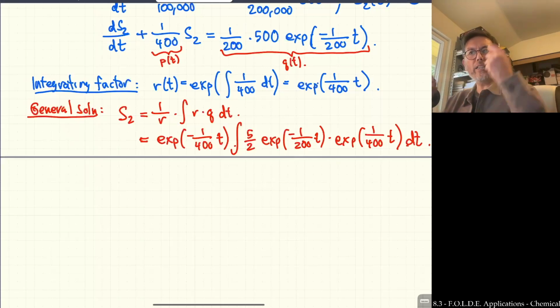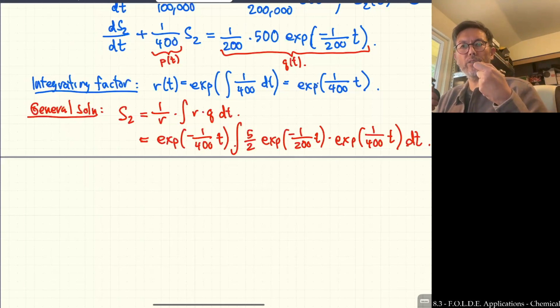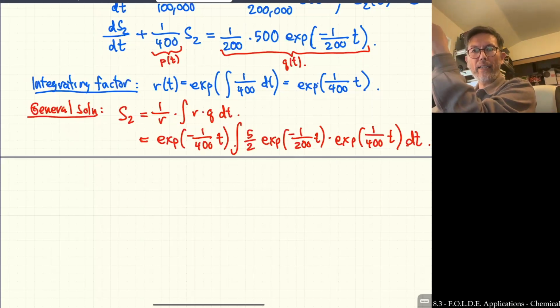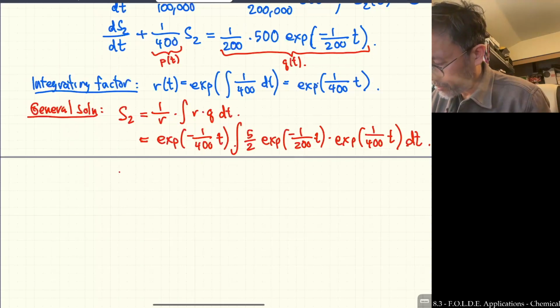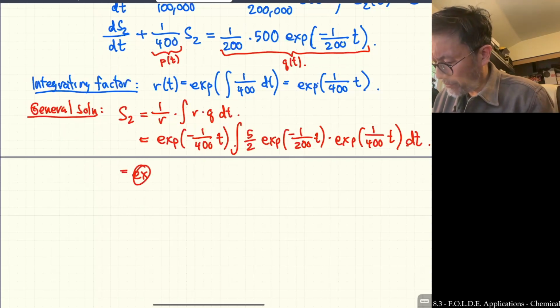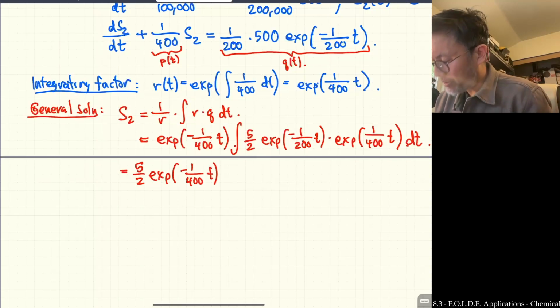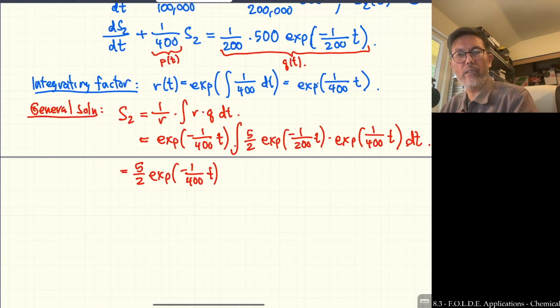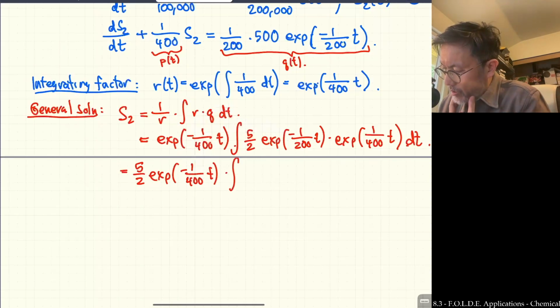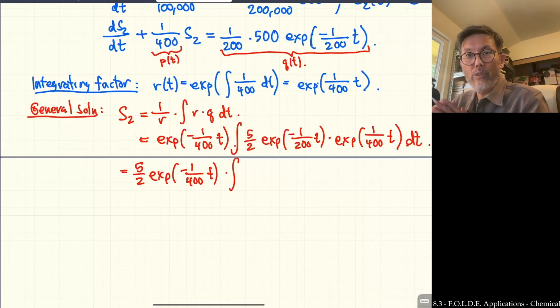So we have a product of exponentials, so we should add the powers together. I'll pull out the 5 halves as well because I don't want to look at it. 5 halves exp negative 1 over 400 t, that's the first part of me pulling out the 5 halves, times the integral of, now we add the two things together.